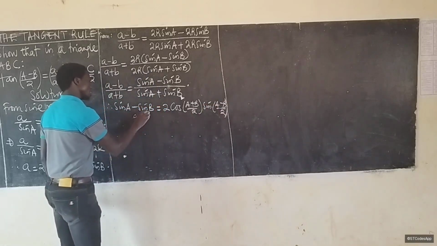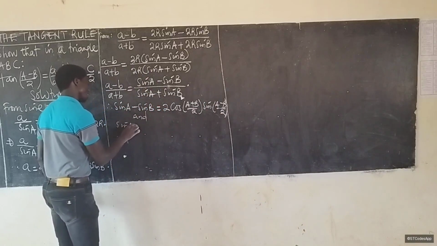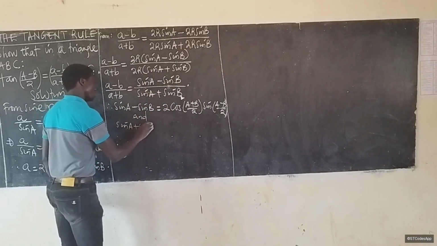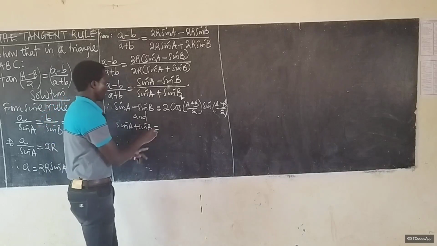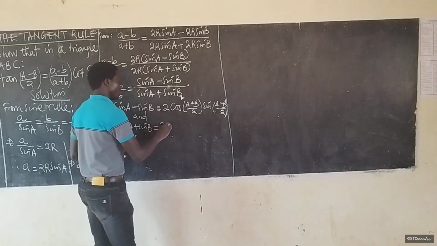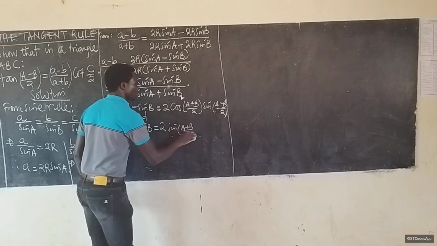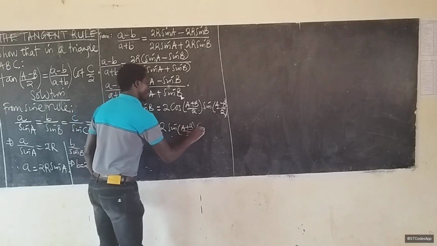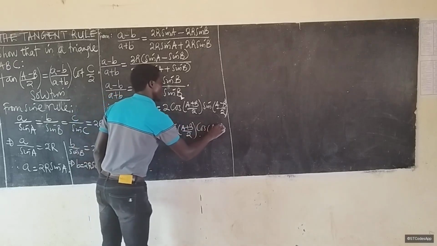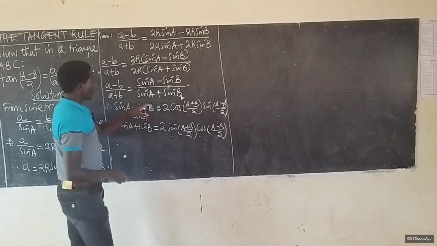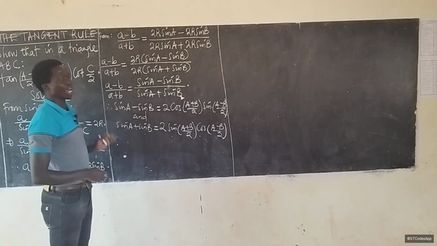Since this is a subtraction, the cosine will take a positive. Also, sine A plus sine B will give me 2 sine of (A plus B) out of 2, this time sine as positive, then cosine of (A minus B) out of 2. Here the cosine will take a negative. So I am going to replace for this and this half back here.